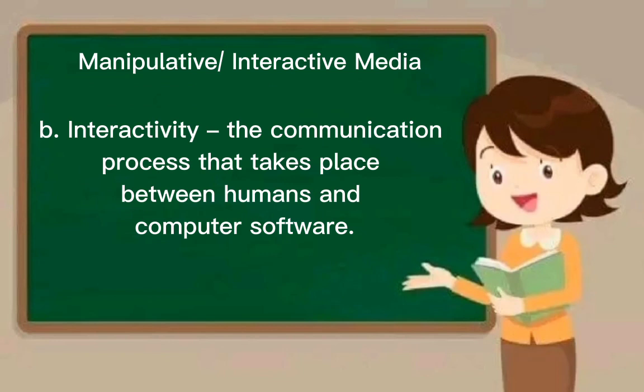Interactive media shift the user's role from observer to participant and are considered the next generation of electronic information systems. A personal computer system with conventional magnetic disk memory storage technically qualifies as a type of interactive media. B. Interactivity, the communication process that takes place between humans and computer software. The most constant form of interactivity is typically found in games, which need a continuous form of interactivity with the gamer.